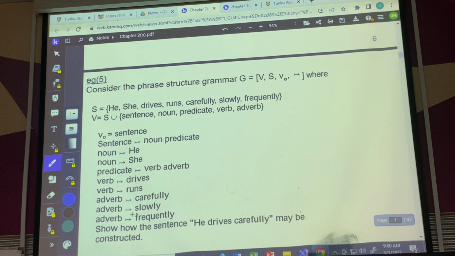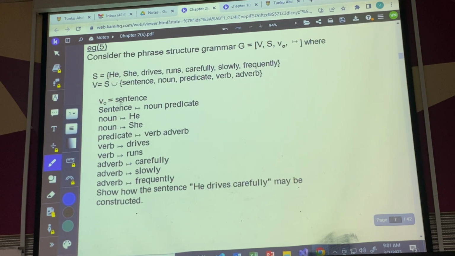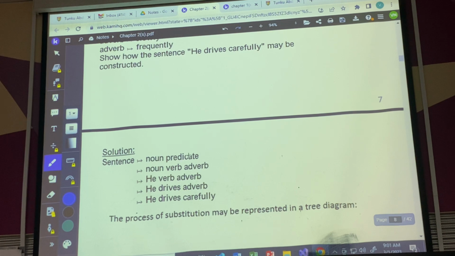Then now the question is, they want you to show how do you get the sentence he drives carefully from the starting word sentence. So we just replace one by one. Follow this step. Okay?